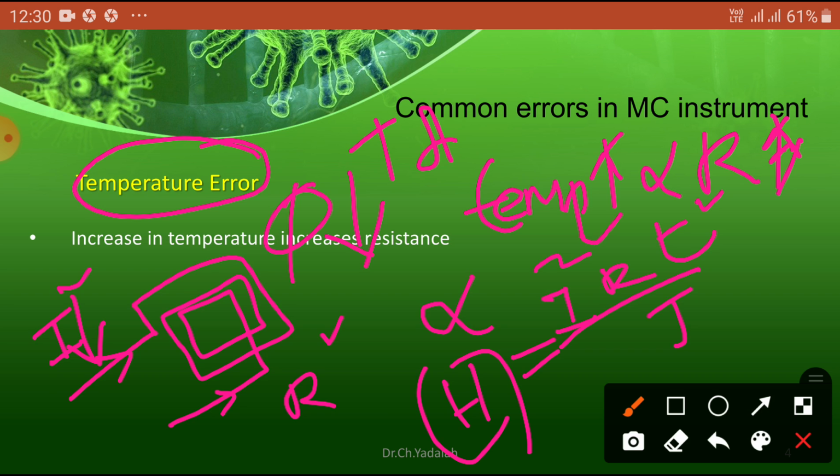Okay. So, a simple relation, because you electrical students know the relation between temperature and resistance. Now, an increase in temperature increases resistance, the current proportionately decreases, resulting in low deflection of the coil.